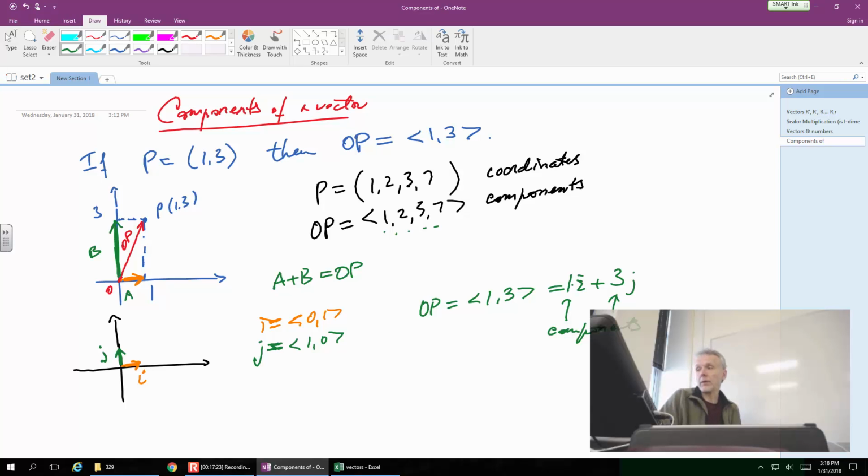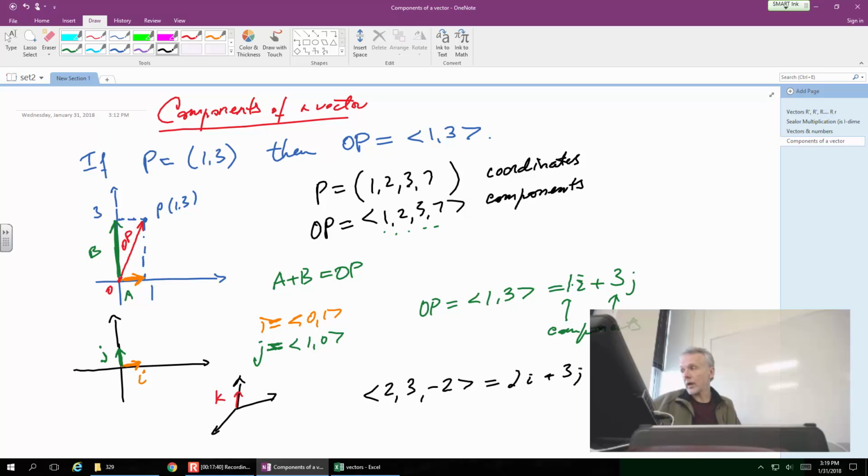And then in 3 dimensions you'll have one more, usually called K. So once again, if I have a vector, say (2, 3, -2), then it will be 2I plus 3J plus negative 2K.